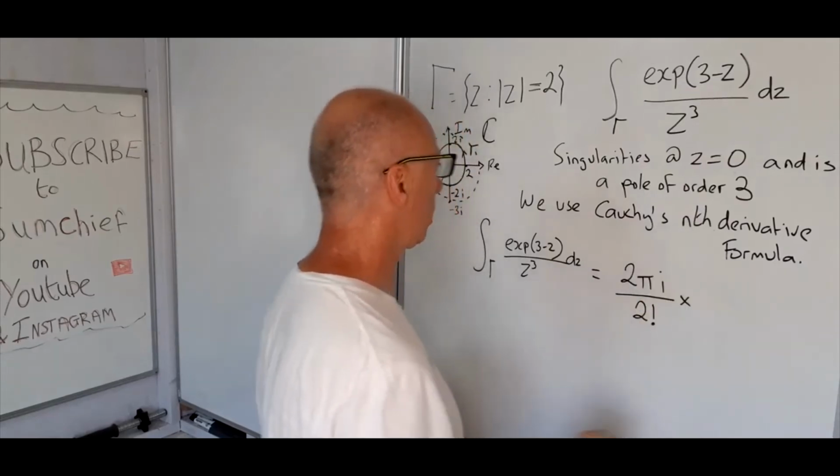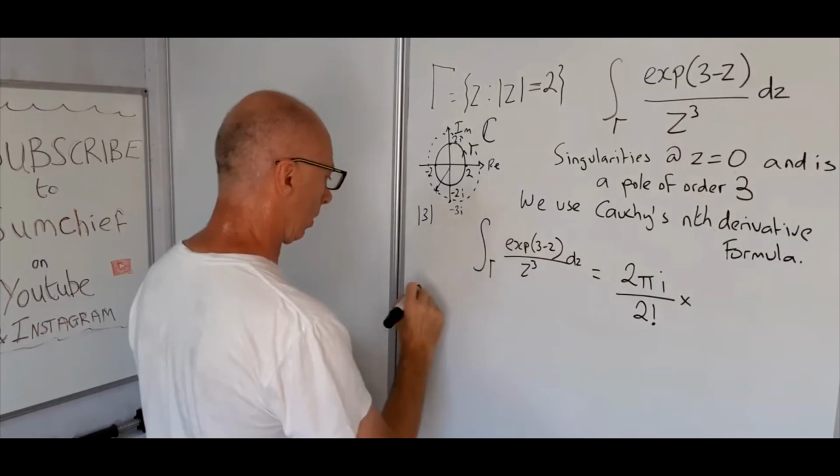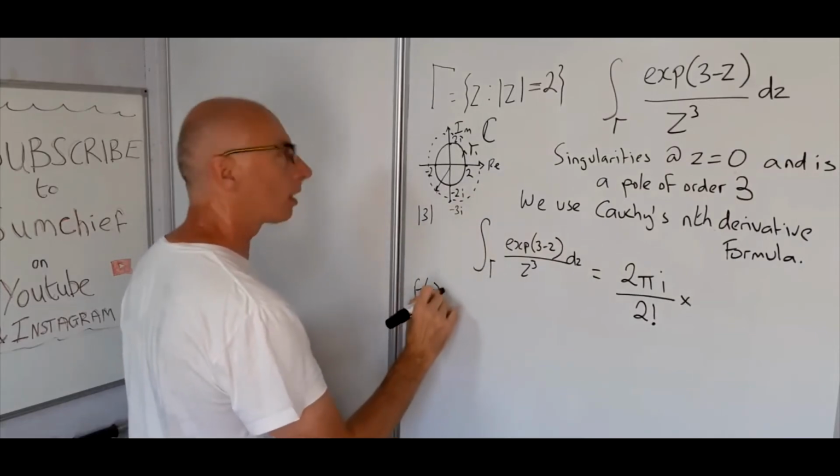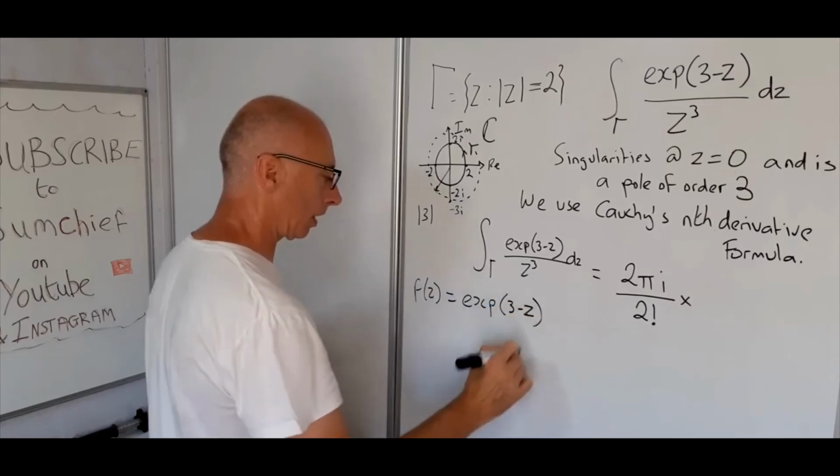Let's just let f of z equal exponential of 3 minus z.